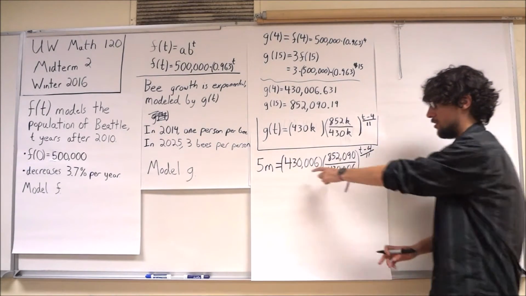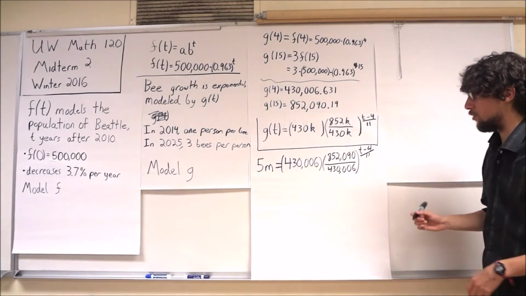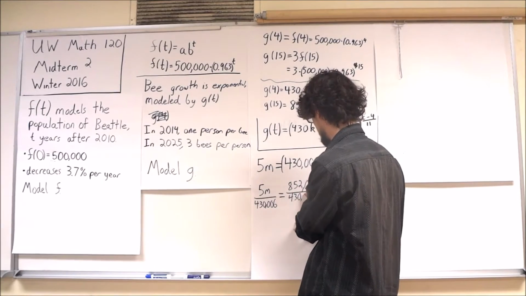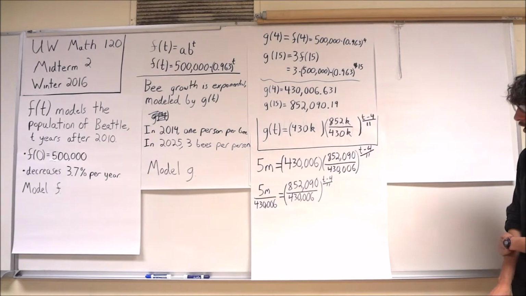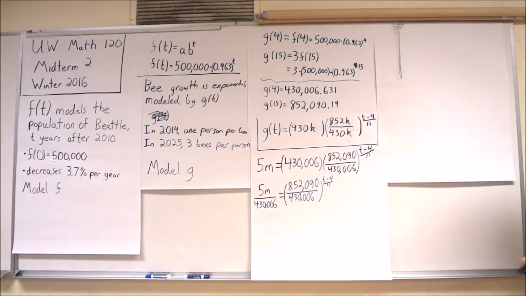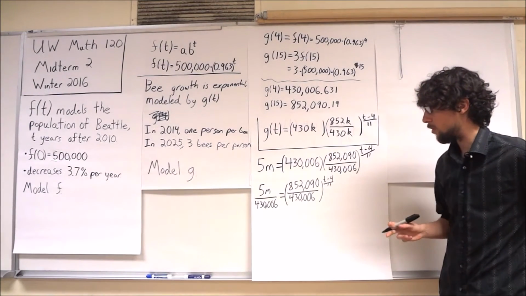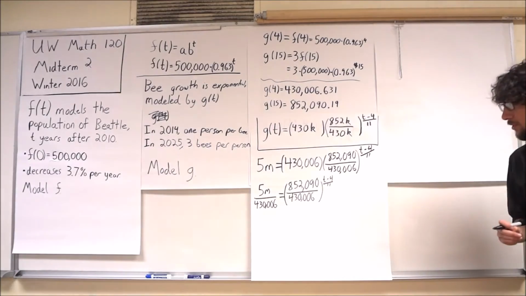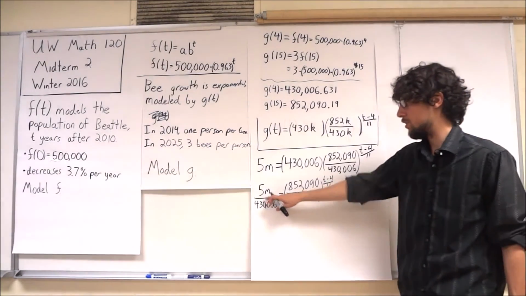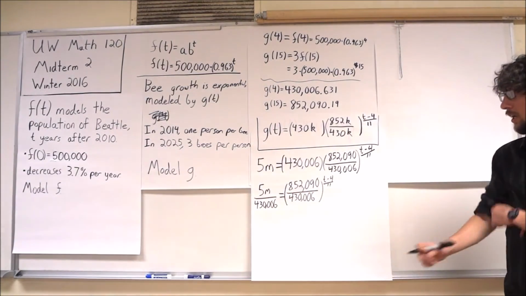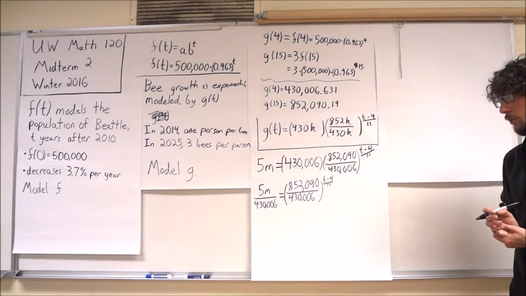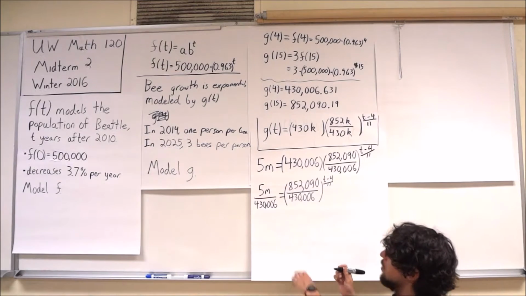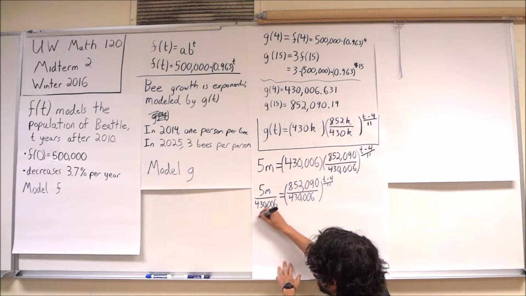So let me first divide both sides by 430,000. Now, if I want to solve for t, I need to get the variable out of the exponent. What's my trick for getting variables out of exponents? I'll hit both sides of the equation with a logarithm, and any base will do. So I'll hit it with just a standard log base 10.